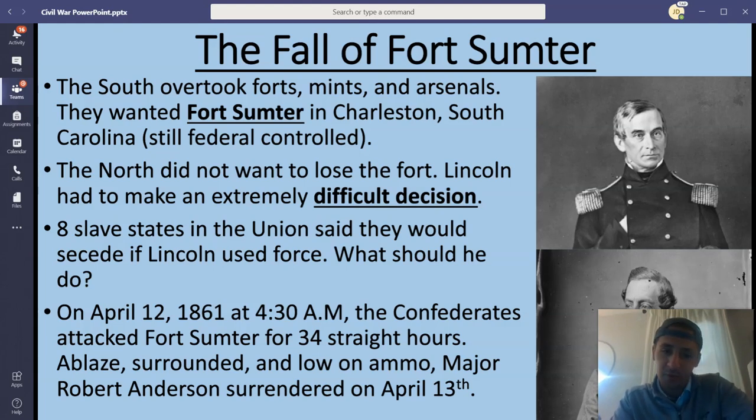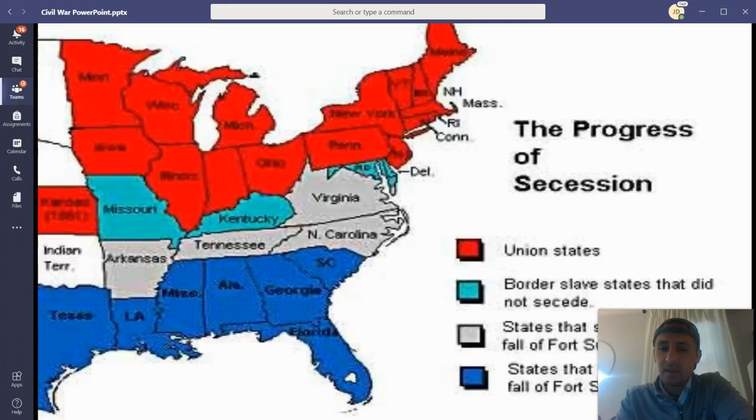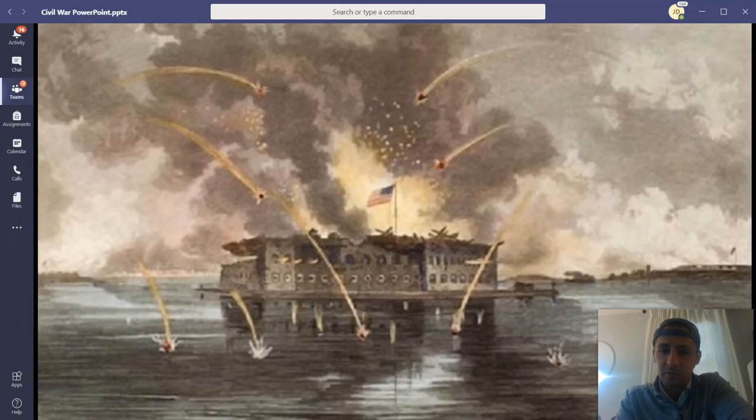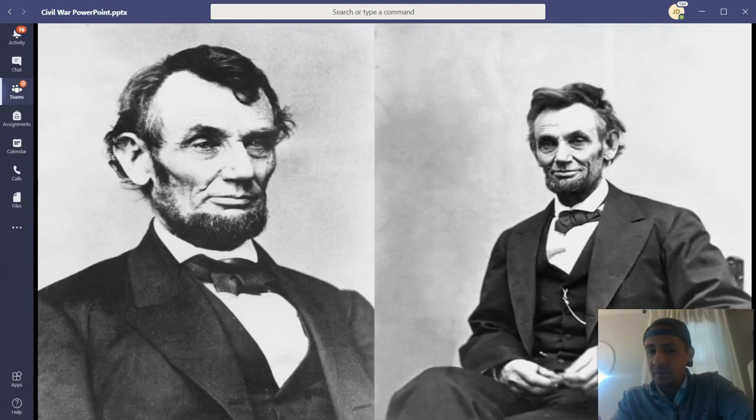They did it after 34 straight hours of bombing it, lighting it up with missiles, with bombs and with cannons and with sending many troops in, and eventually, Commander Anderson had to give up, throw the towel in, and Fort Sumter fell to the Confederate Army. So this signals the start of it. And there's the fort. We talked about some of the states. And this is what you guys did.